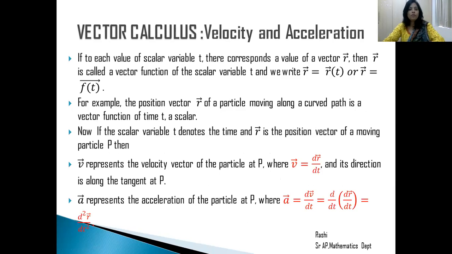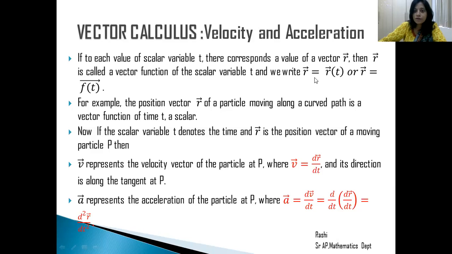Now let us see one more thing, how we will define velocity and acceleration. If to each value of scalar variable t there corresponds a value of a vector r, then r is called a vector function of scalar variable t, and we represent it like this. So t is a scalar and the r value which we are getting is a vector.